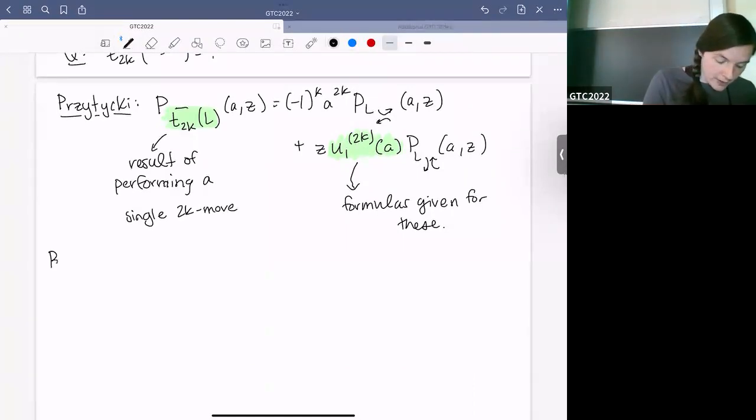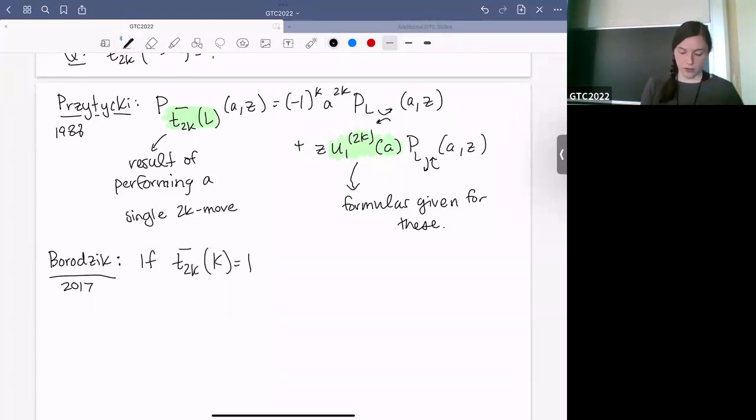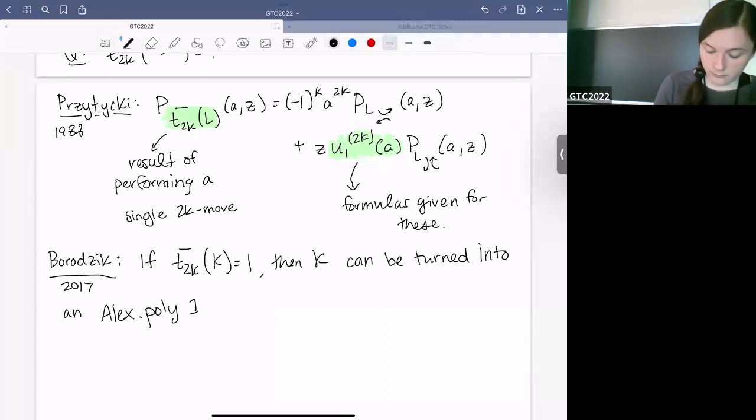But this work inspired work of Ruppik in 2017. So I should say this is 1988. This is 2017. So a long break in between. But it basically says that if the null-homologous unknotting number of k is 1, so I can find one region where I do a lot of null-homologous full twists on 2 strands and unknot the knot, then k can be turned into an Alexander polynomial 1 knot using at most 3 crossing changes.